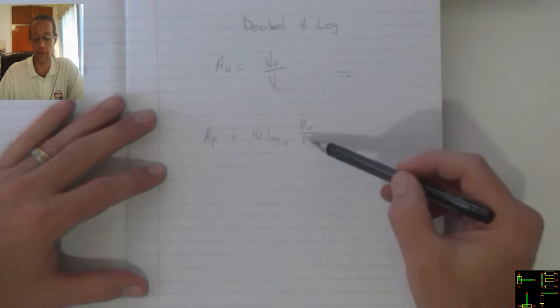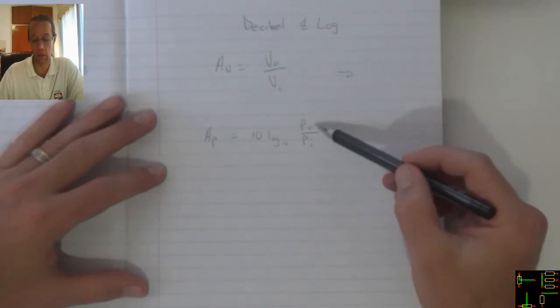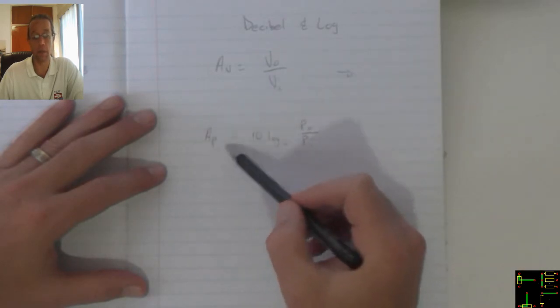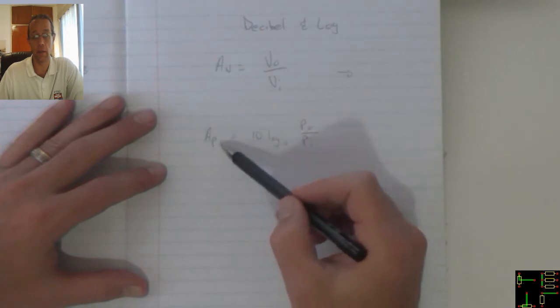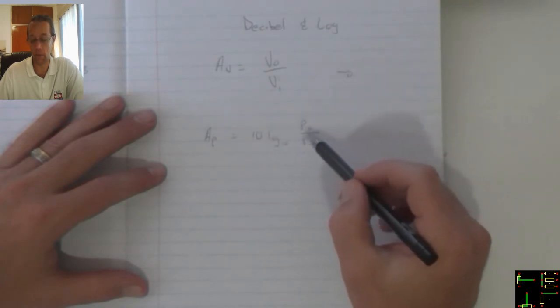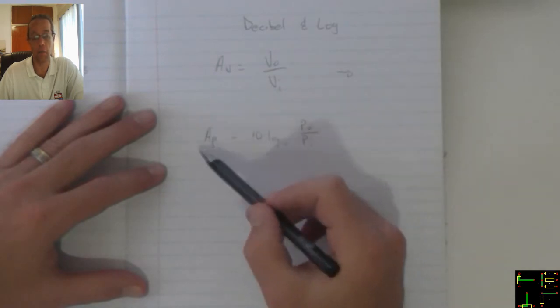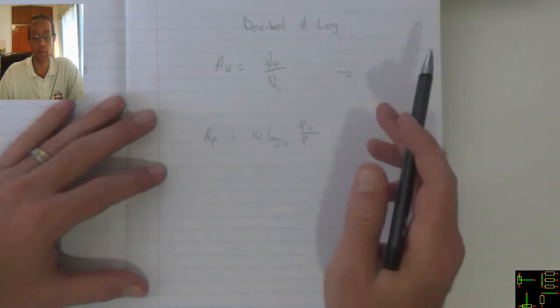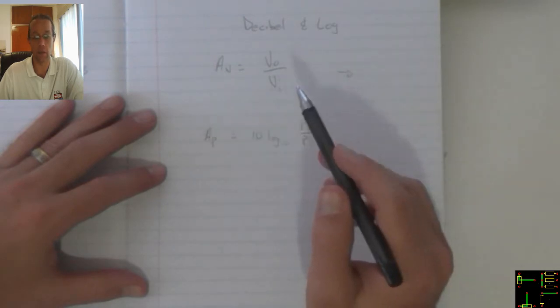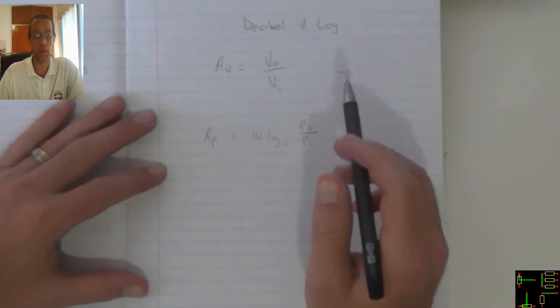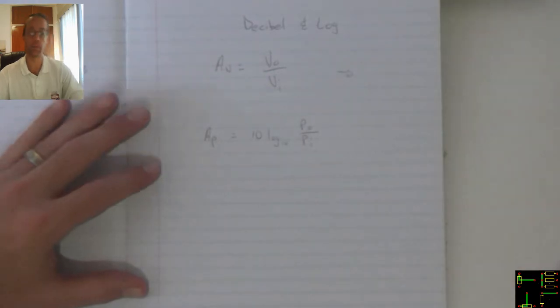In other words, if I double my output power, then I will get a +3 change on my decibel. If I halve my output power, then I get a -3 decibel change on my power gain.